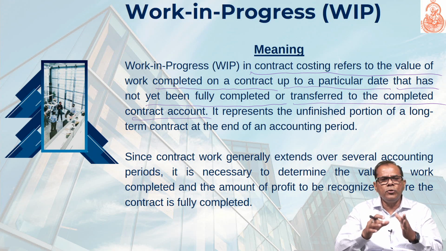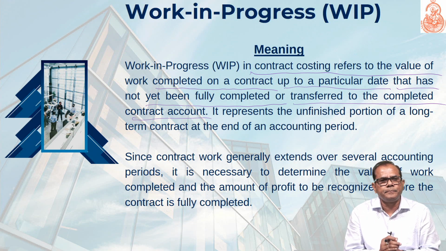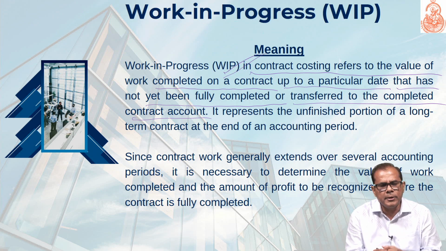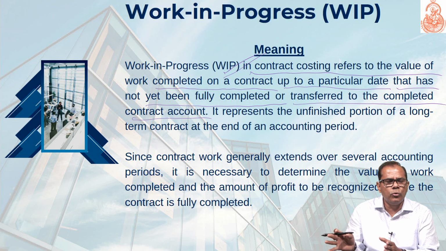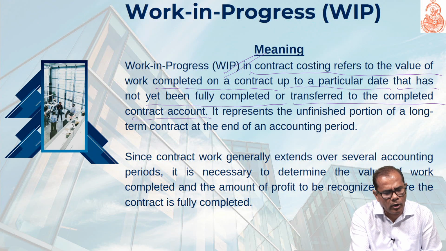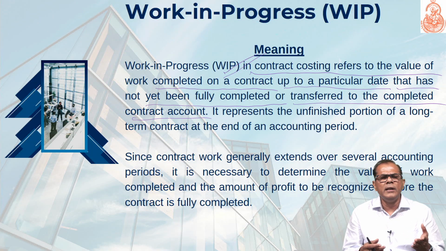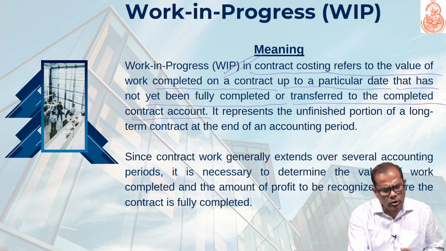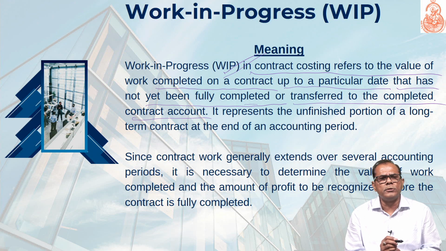When we talk about the quantum of work done, that represents the work in progress, because the work is yet to be completed, it is still going on. Normally the particular date is the end of the financial year or accounting year.